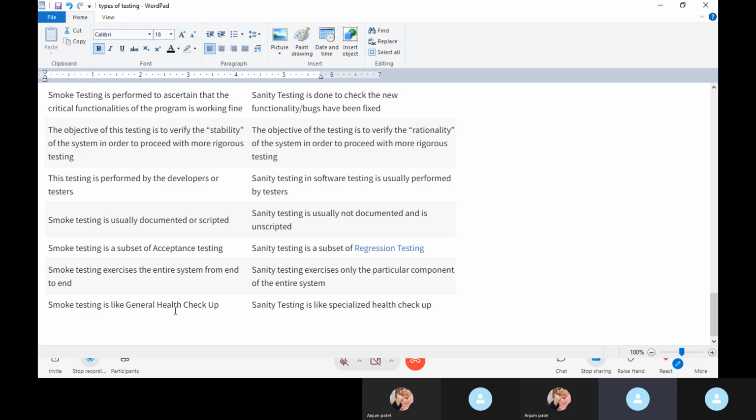This is the simple definition of smoke testing and sanity testing. We write test cases for smoke testing. We do not write test cases for sanity testing. These are the differences that you can state whenever you are asked.